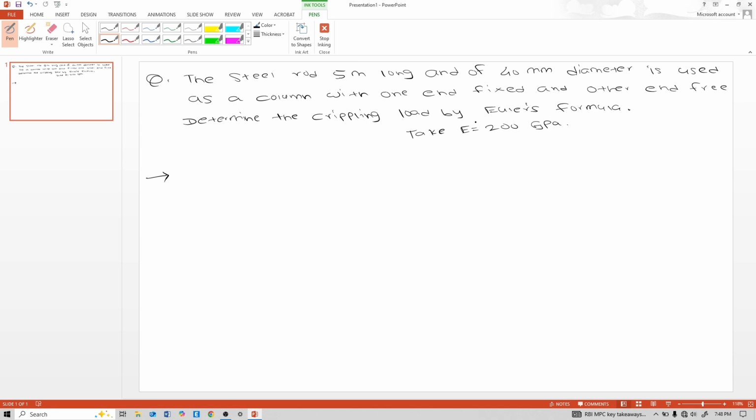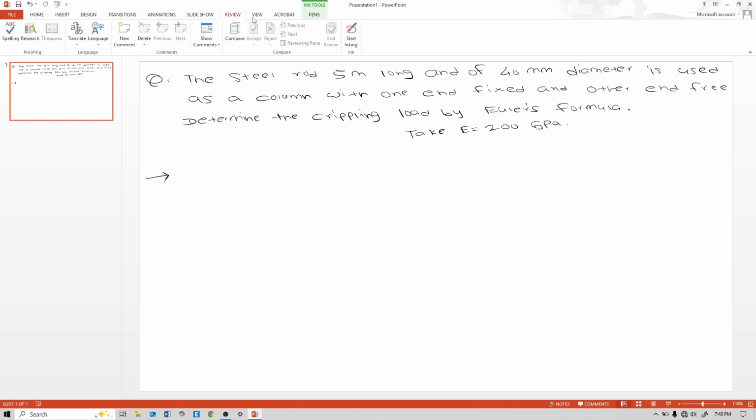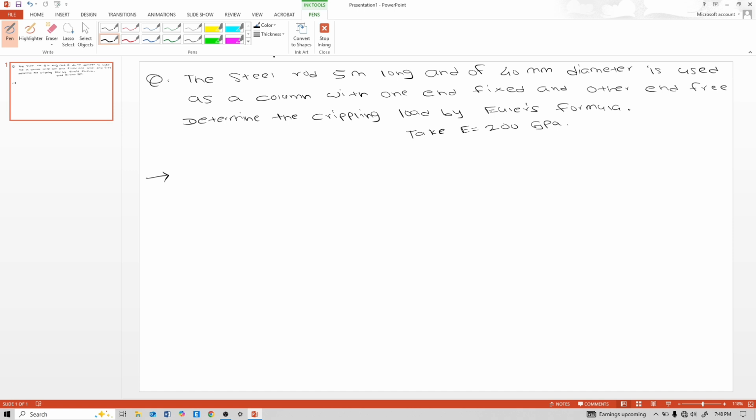So we will have to find the buckling load or crippling load, and they have given us a steel circular rod.